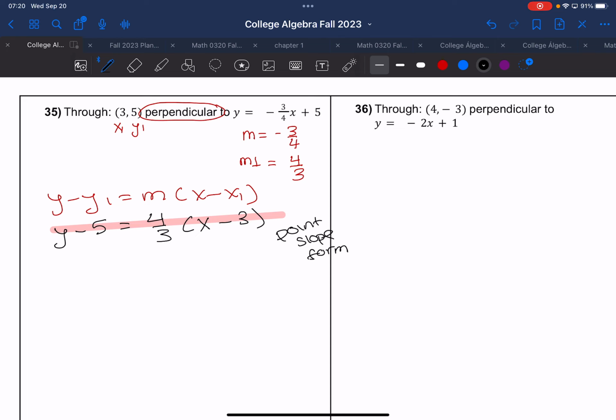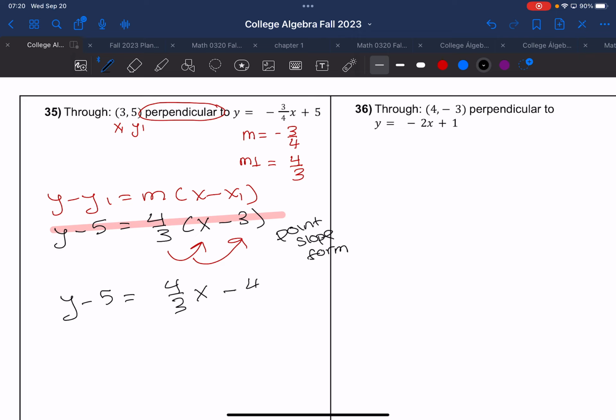Solving point slope form, we're going to distribute that 4/3, and we get y minus 5 is equal to 4/3 x minus what number? 3? Not 3. 4.